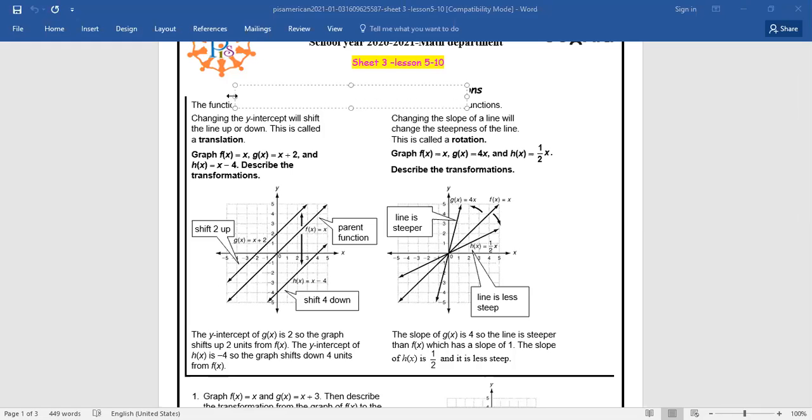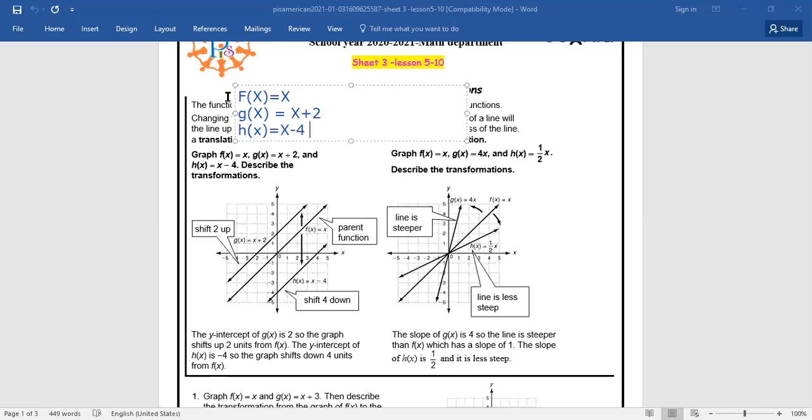So the first function is f of x equals x, the second g of x equals x plus 2, the third h of x equals x minus 4.